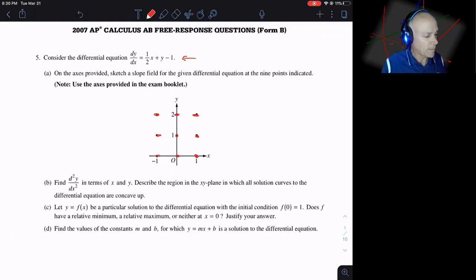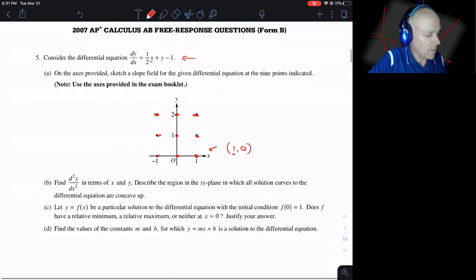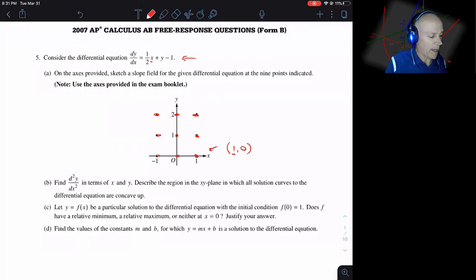So I'm not going to put the coordinates for all the points, but I will for a few, just to illustrate. The coordinates for this point will be 1, 0. So I'm going to take the 1 and put it into the x in my differential equation. It's going to be 1/2 times 1 is 1/2, plus 0, minus 1, which is going to be negative 1/2. So I want to draw a tangent line that has a slope of negative 1/2.